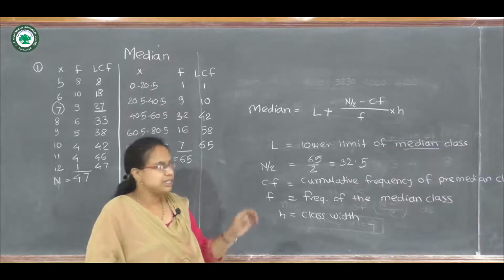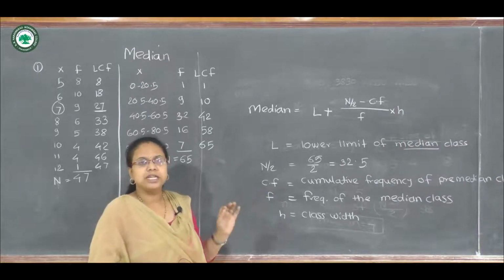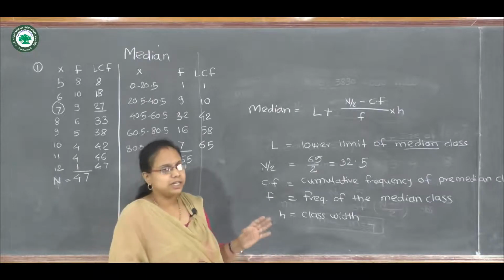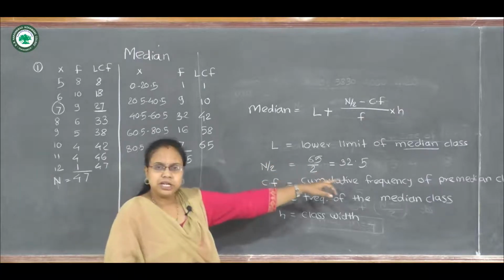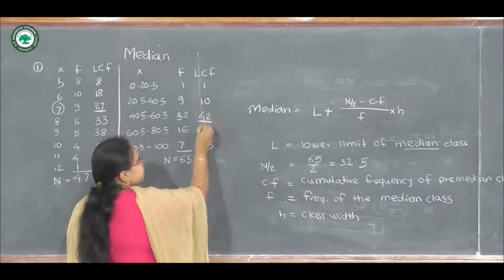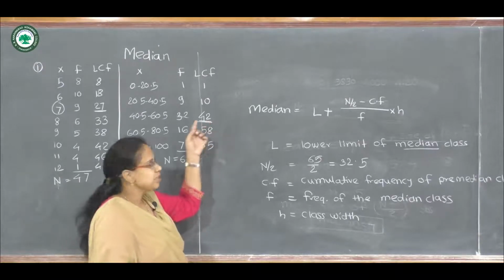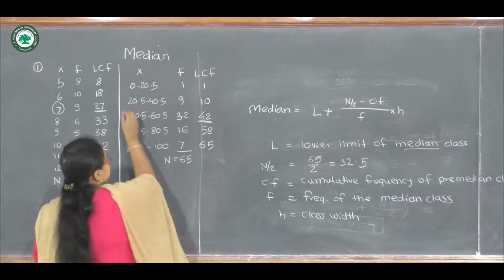We have to find the median class, that class for which LCF is equal to or just exceeds the point 32.5. Here we can see that 42 is the less than cumulative frequency and this is the median class.